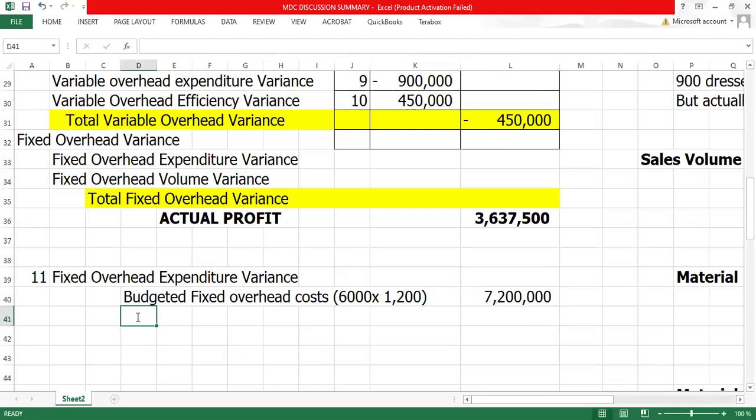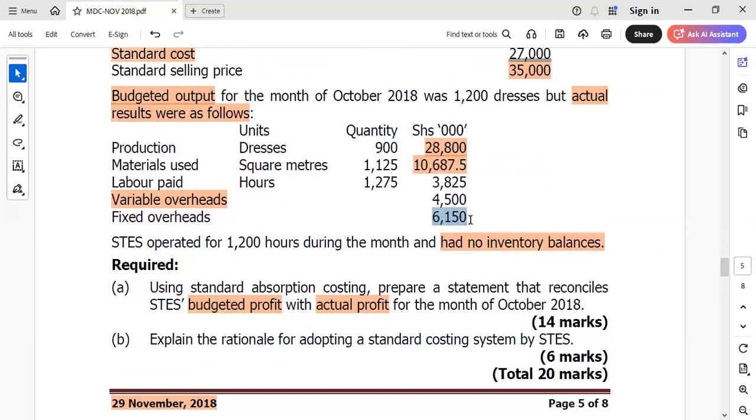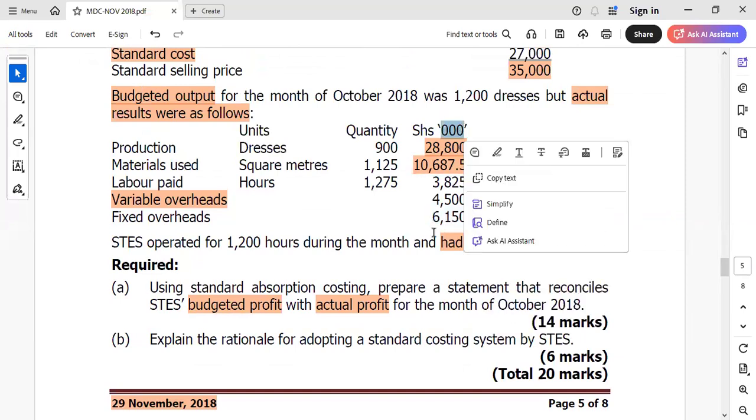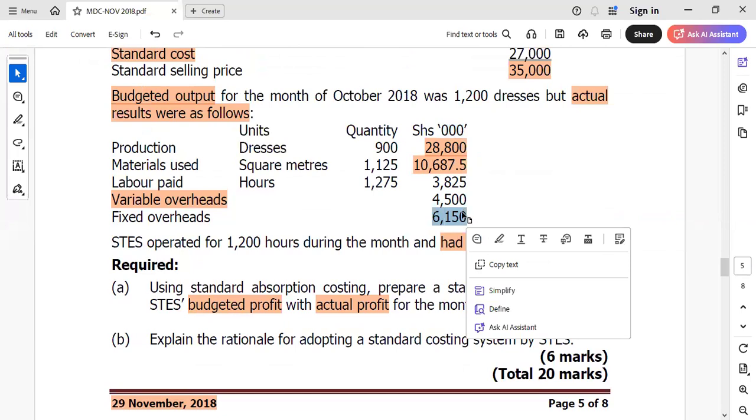Then what is the actual fixed overhead costs? The actual fixed overhead costs are simply how much? From the question, it is 6,150, but since they are in 1,000, this is 6,150,000.